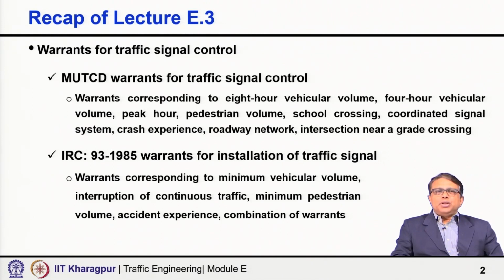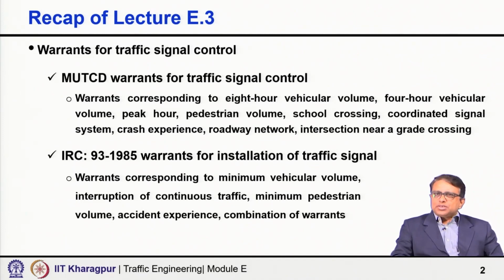Then I briefly mentioned to you about Indian Roads Congress Guideline 93, 1985 and the 5 warrants which are given in IRC 93, 1985. 2 are related to minimum vehicular volume and interruption to continuous traffic, both related to vehicle volume.